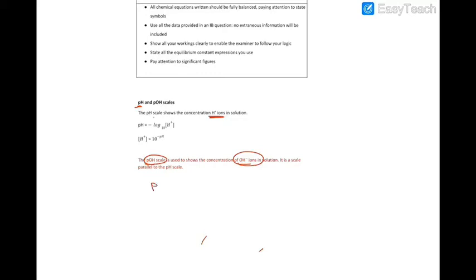So just like pH is equal to minus log of concentration of H plus, pOH is equal to minus log of concentration of OH minus, and from pOH we can get concentration of OH minus, which will be 10 to the power of minus pOH.